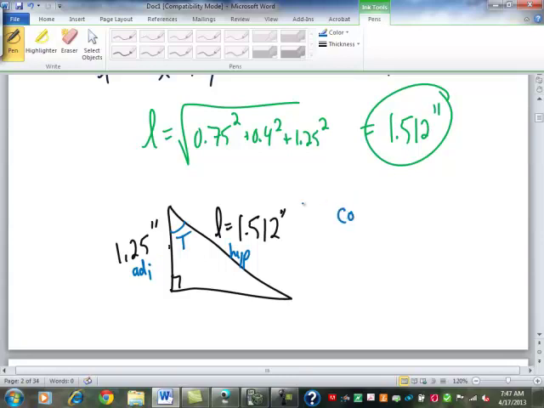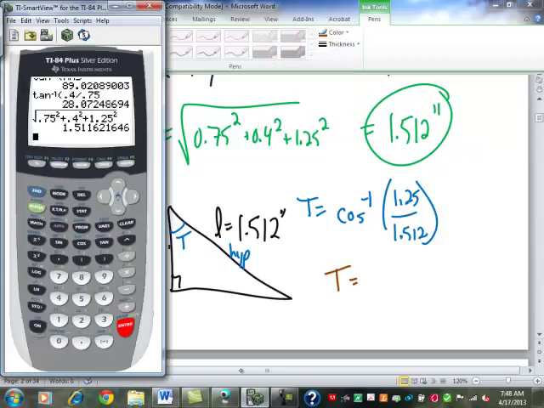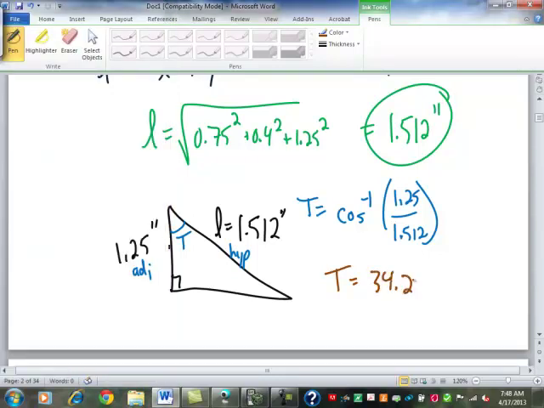So I'm actually using an inverse cosine of adjacent 1.25 over hypotenuse 1.512. So second cosine 1.25 divided by second answer, 34.22 degrees. And of course, if that's 34.22 degrees, this is 55.78 degrees down here.